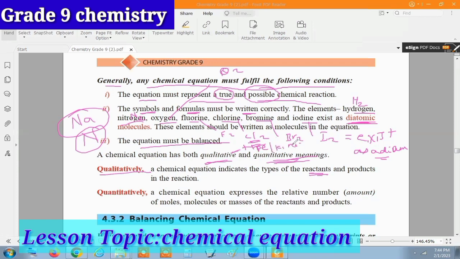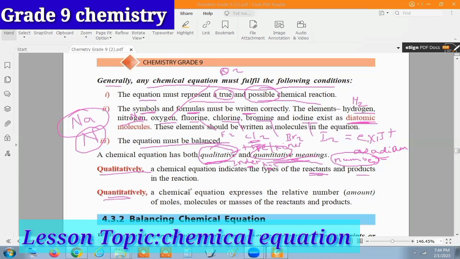Quantity, on the other hand, stands for the number, how many of an element or compound are there. Qualitative is the identity of the element there. It gives us the identity of that substance, its kind or type. So qualitatively, a chemical equation indicates the types of the reactants and the products.